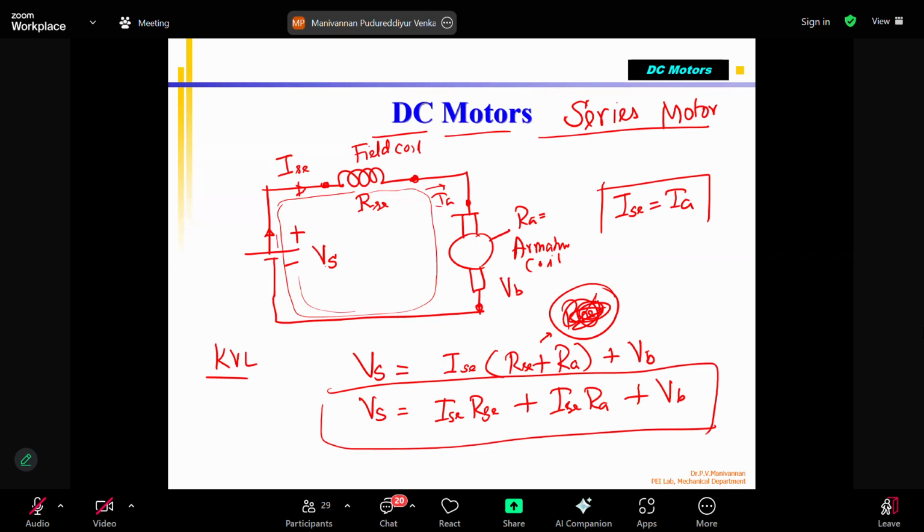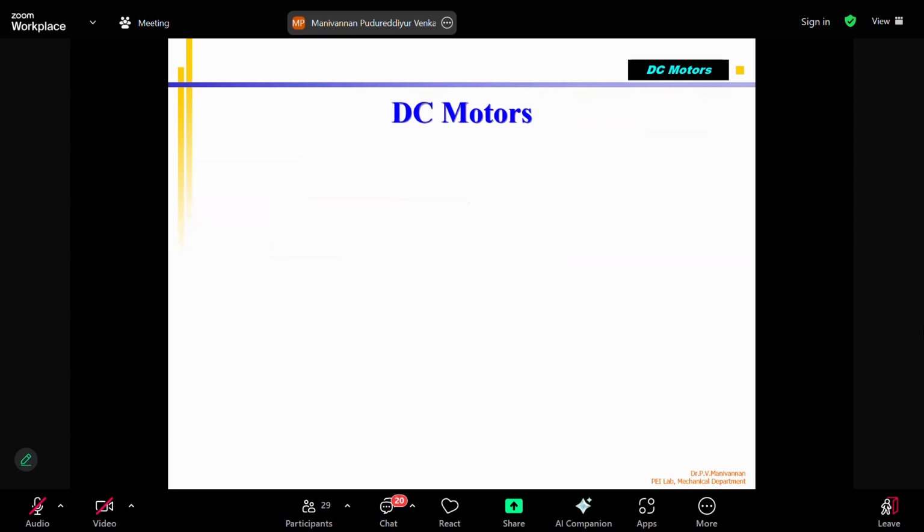Now we know that T motor is proportional to IA and phi.